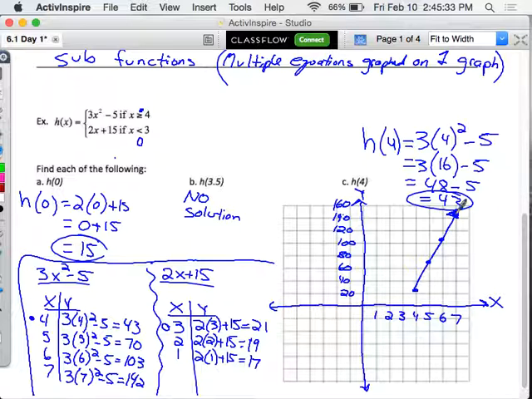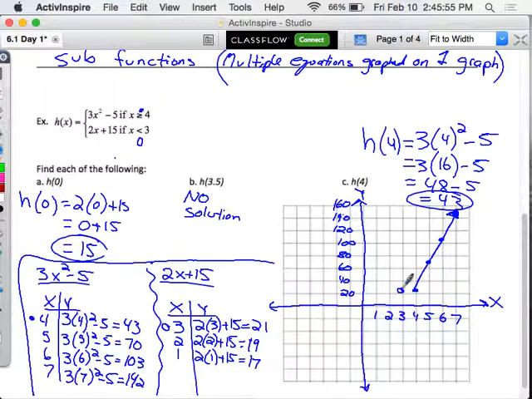Okay, now let's plot the points for this side. So 3, comma 21. You have to put an open circle there, though. So 3, comma 21 is around here.